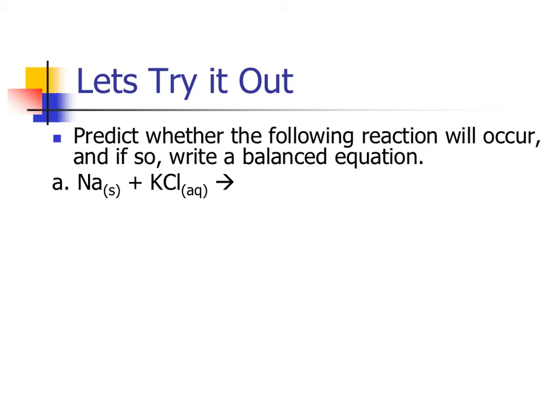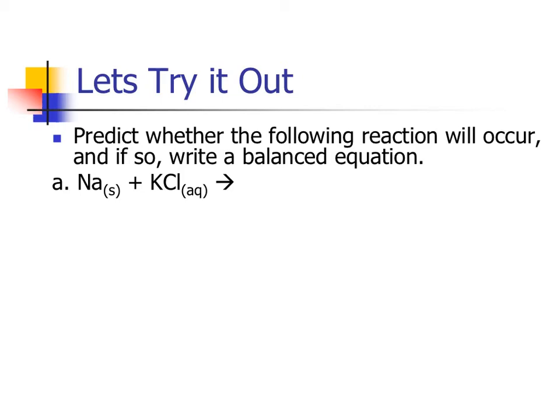So in this first example, it says predict whether the following reaction will occur or not. We can even determine whether or not this is going to happen right off the bat. We look at it and say, is sodium more popular than potassium? Well, potassium's number 2 on the activity series here, so it's the second most popular cation out there. So potassium is not going to be replaced.